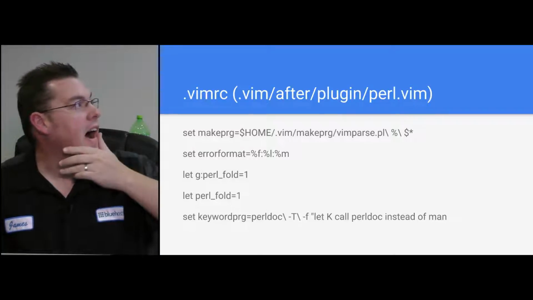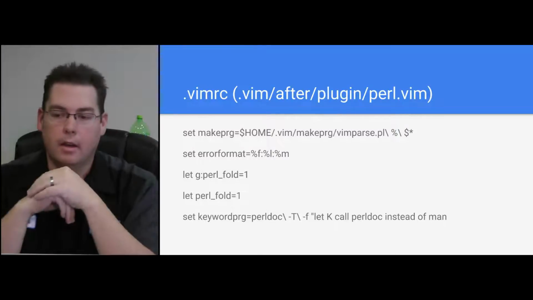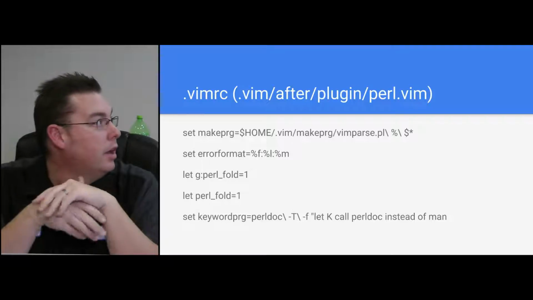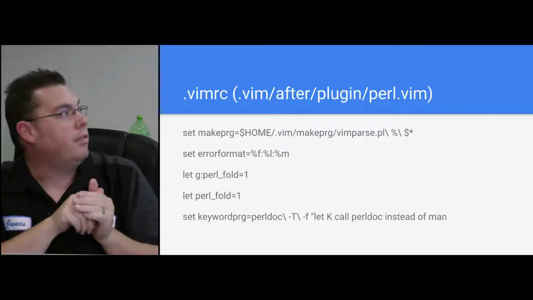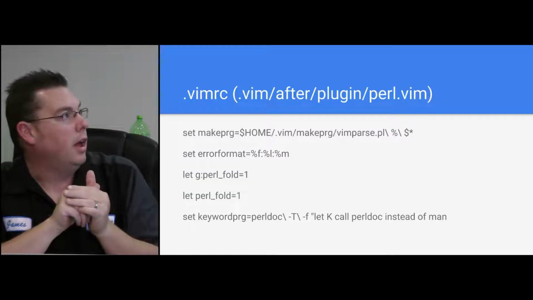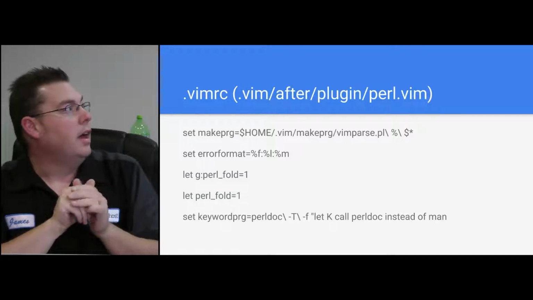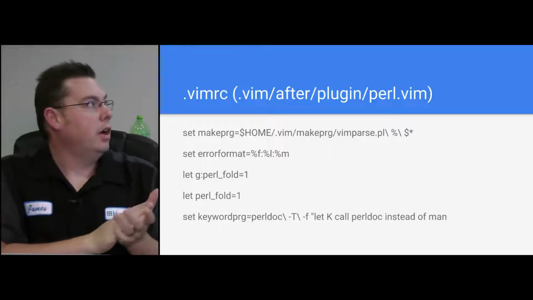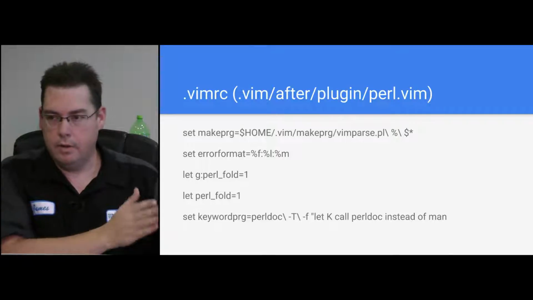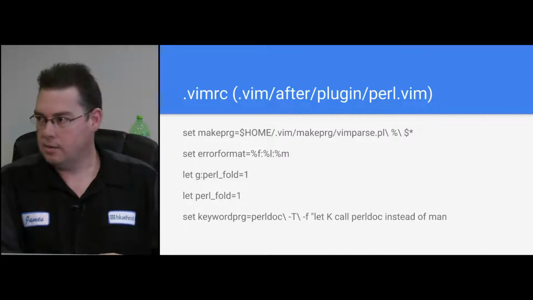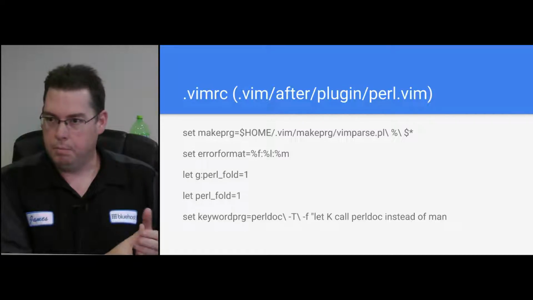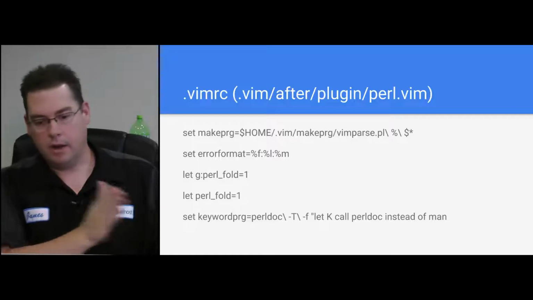So I like to organize my Perl settings into .vim, after, plugin, and Perl. For those of you who don't know, in your Vim directory, you can have a number of directories. You can have your plugin directory, you can have syntax directory, you can have ftplugins, and all kinds of things.